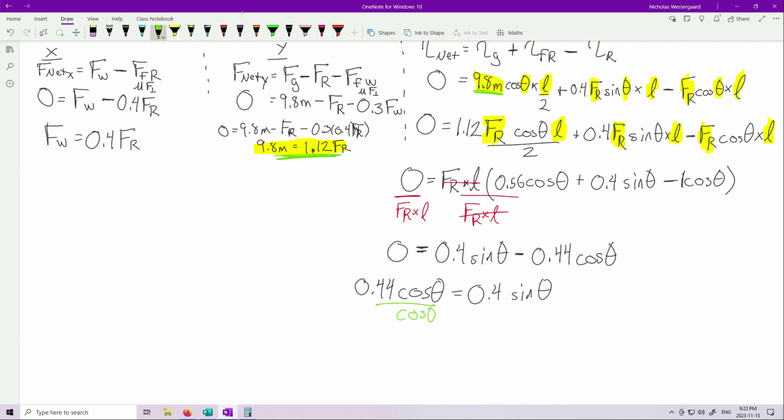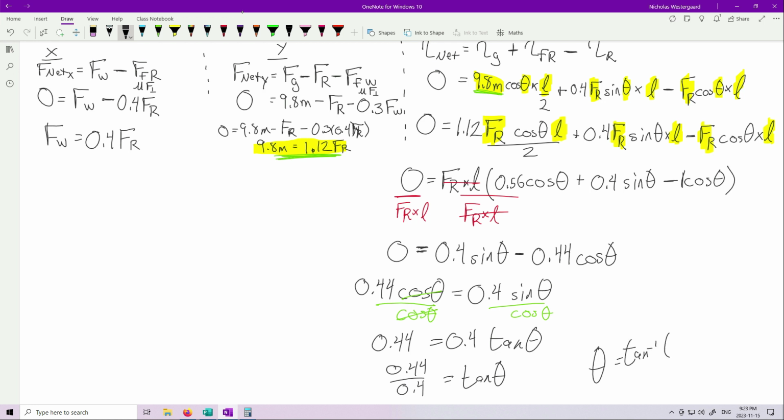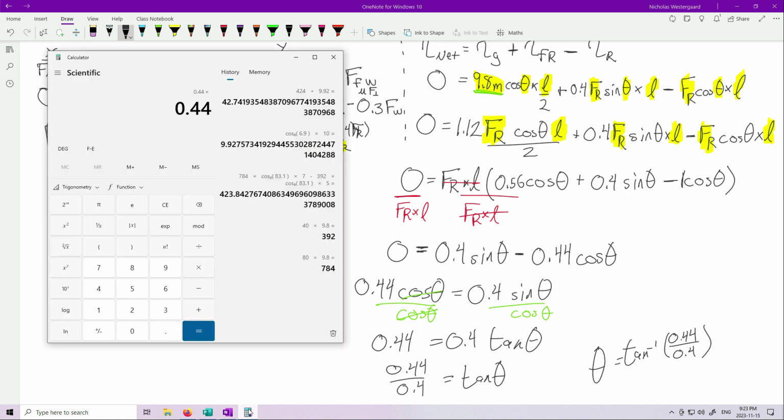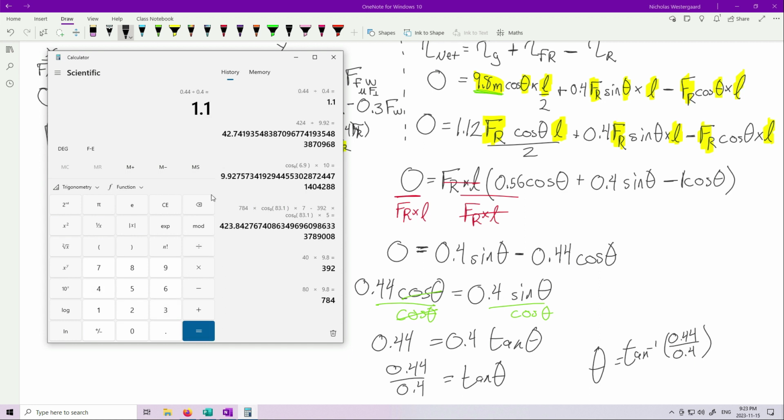So if I divide both sides by cosine theta, I can eliminate the cosine theta, and sine over cos becomes tangent. 0.44 is equal to 0.4 tangent theta, which means 0.44 over 0.4 is equal to tangent theta, and theta is just going to be the arctan of 0.44 over 0.4. That gives us about 47.7 degrees.